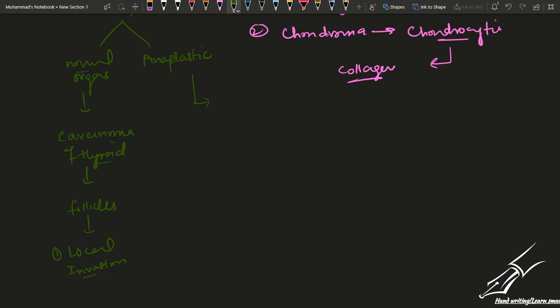The structural and functional features of these cells include the following. They show pleomorphism. What is pleomorphism? It is the variation in size and shape of cells.